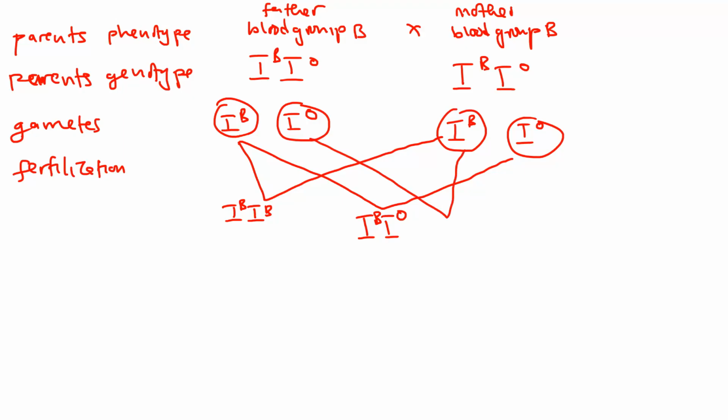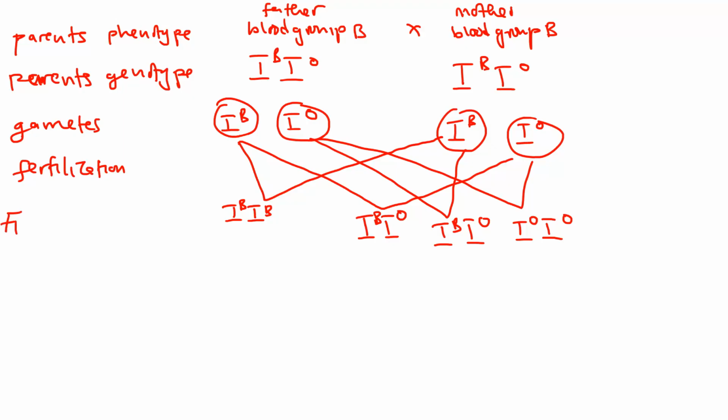Then this with that, we are going to have, so you start with the dominant. We said the alleles for blood group A and B are dominant. This and that, we are going to have blood group OO. So blood group O is only expressed in the homozygous state.